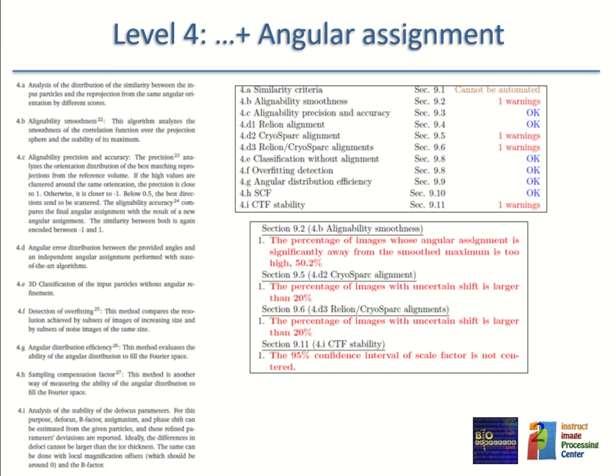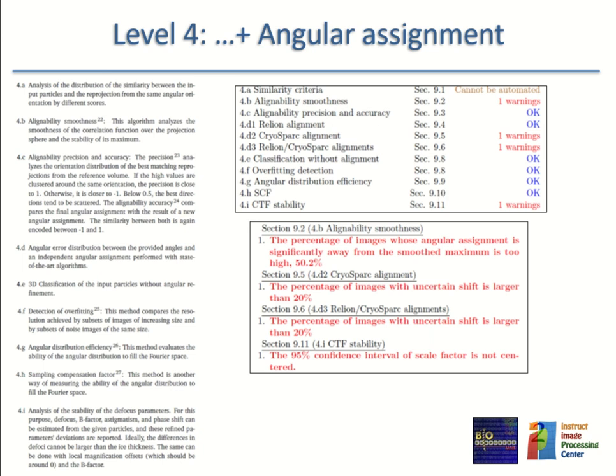We can check whether the angular distribution is sufficiently uniform. This is another way of measuring that. We can analyze the stability of the defocus parameters, for instance, and then for each one of these items, we can give whether the test is passing or not.